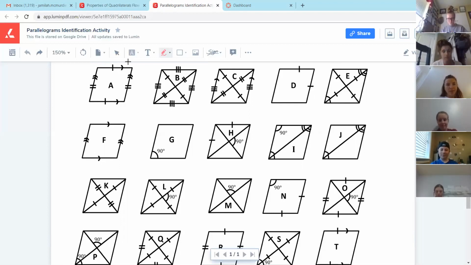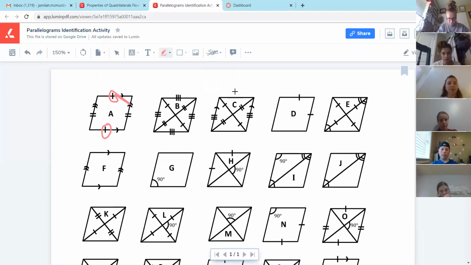Okay. So on A, who knows what these, wow. Who knows what those tell us? You can unmute yourselves and say, or you can type it. Doesn't it mean that the sides are congruent?